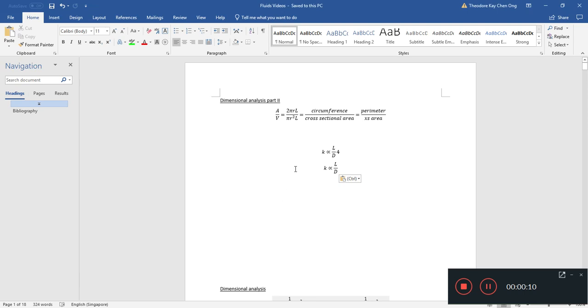So in the last video we found a very good guess for how K is correlated to the geometry of the pipe. It can be summed up in a very simple relationship: K is proportional to L by D, and experiments have shown it to be true.